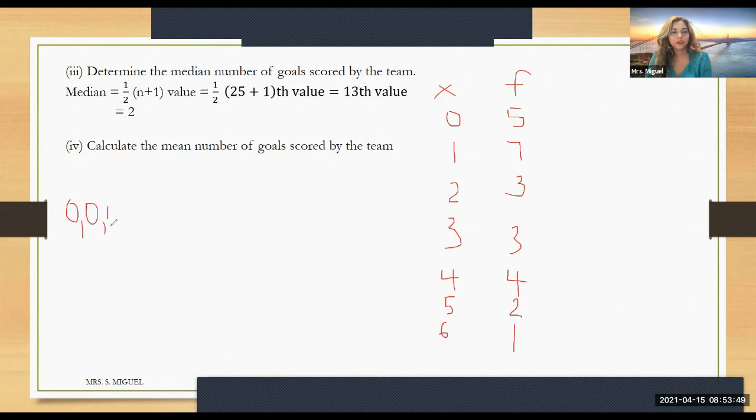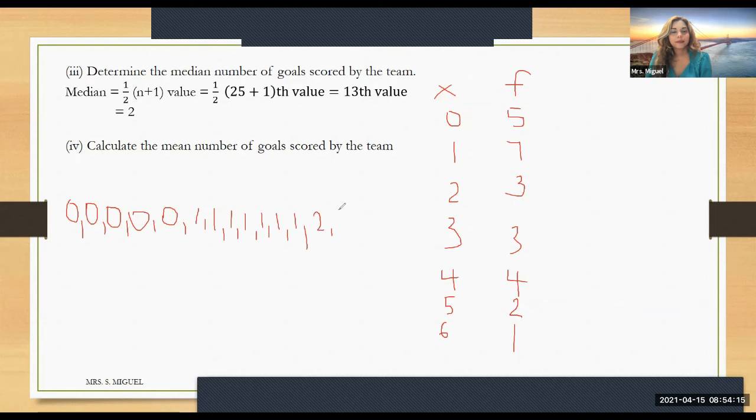This is actually the raw data before putting it in the form of a table. 1 occurs 7 times, and the number 2 occurs 3 times.